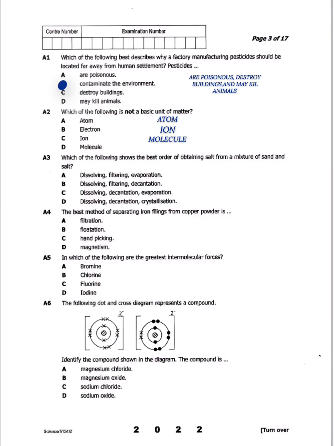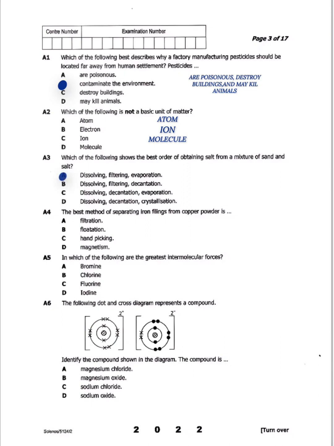Now remember, when you dissolve it in water and filter the sand, water and salt will remain as a solution. The next one, we are going to evaporate some water, and then at the end the crystals are going to be formed. Okay, so the correct answer here is A.